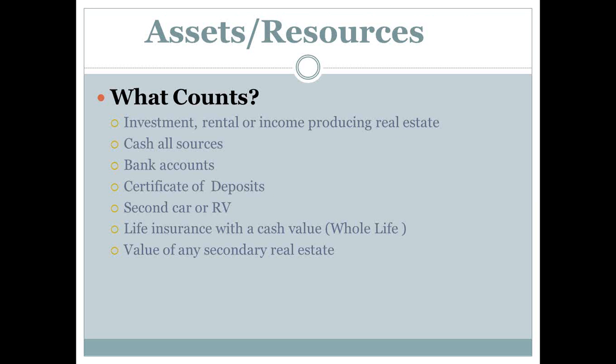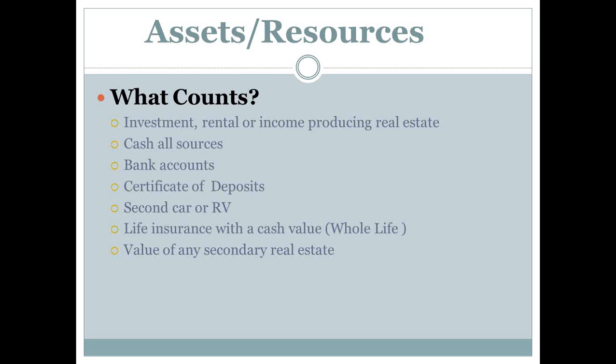So now that we've talked about income, let's talk a little bit about assets and resources. And that last slide kind of mixed the two together because it does affect both the income and the assets for the spousal impoverishment. But when we're talking about assets or resources, we're talking about savings.